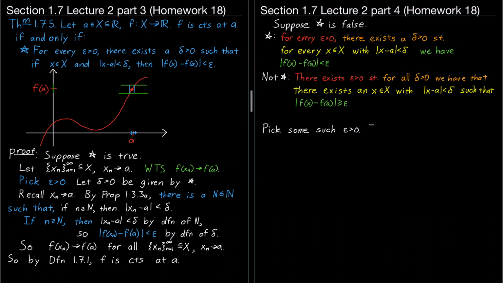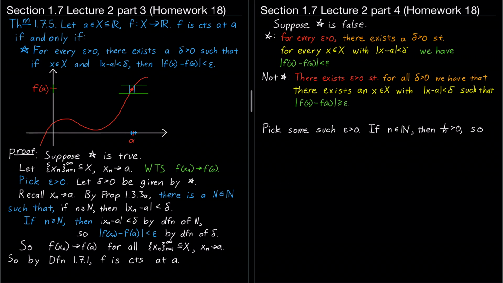And then if n is a natural number, then 1 over n, which I'm going to use as my delta, is positive.